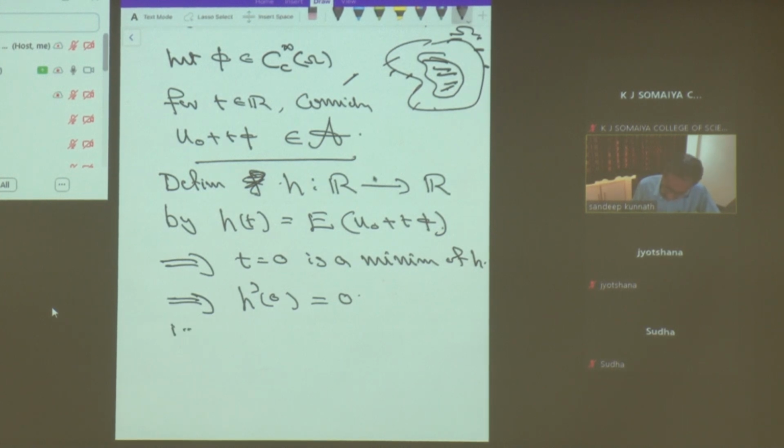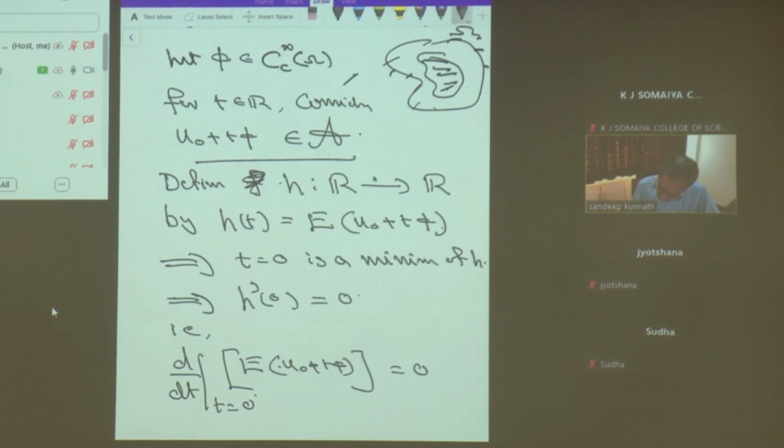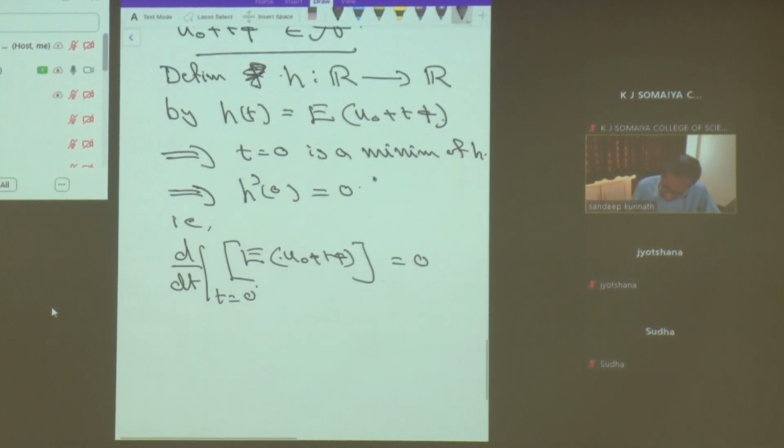That is, d by dt at t equal to 0 of the energy, that is E of u naught plus t phi, is going to be equal to 0. Let me expand this.